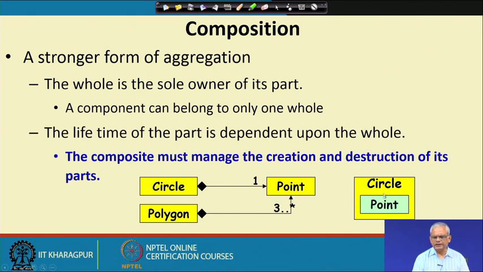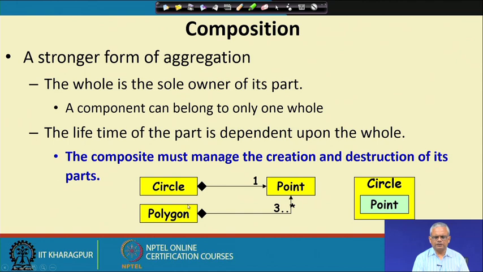When the circle is created, along with that the point object is also created, and when the circle is destroyed, the corresponding point object is destroyed. Similarly, when a polygon is created, 3 or more point objects are created as part of the polygon, and when the polygon is destroyed, the point objects are also destroyed.